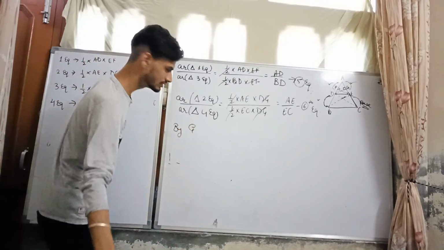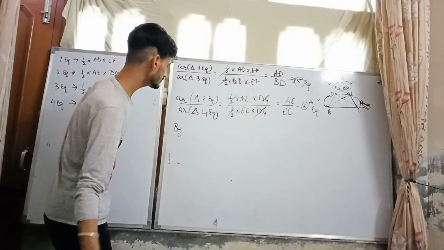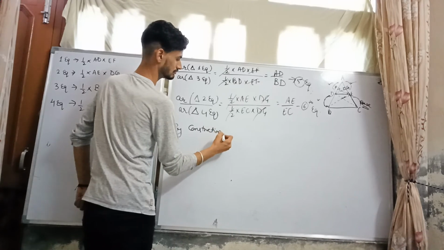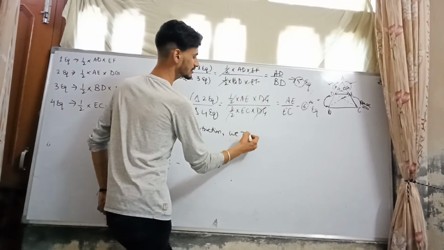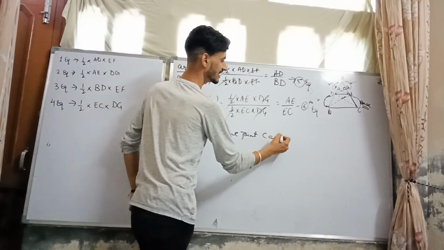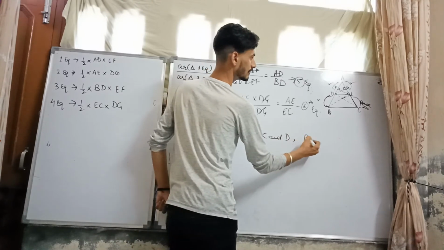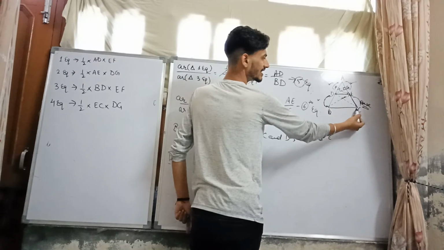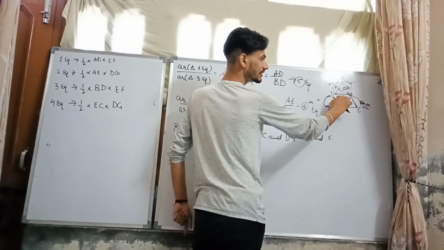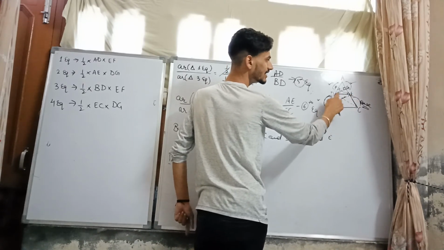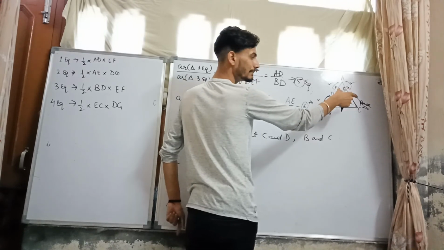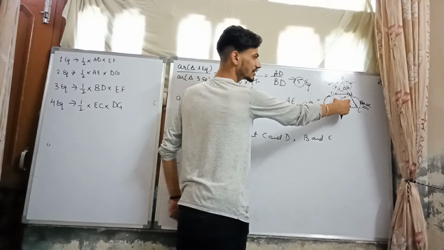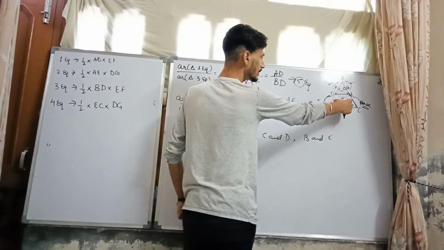By construction, we joined C and D, B and E. DE and BC are parallel, and triangle BDE and triangle DEC are both between the same parallels and on the same base DE. That's why both triangles are equal to each other, and their areas are also equal.